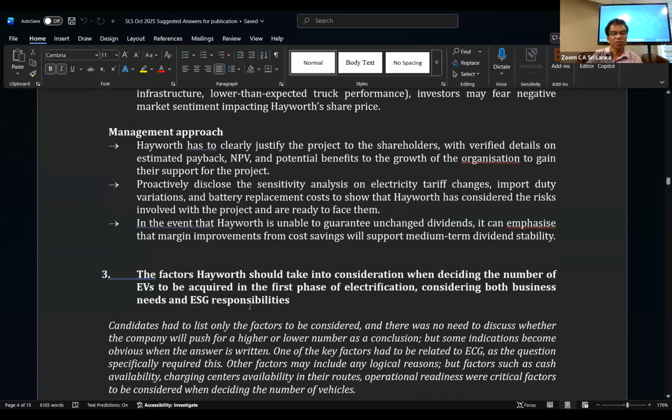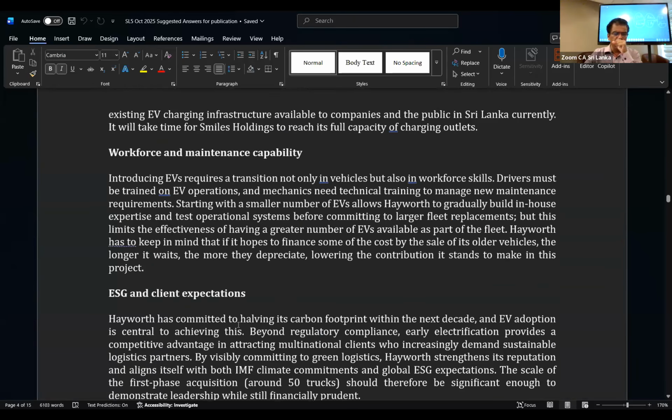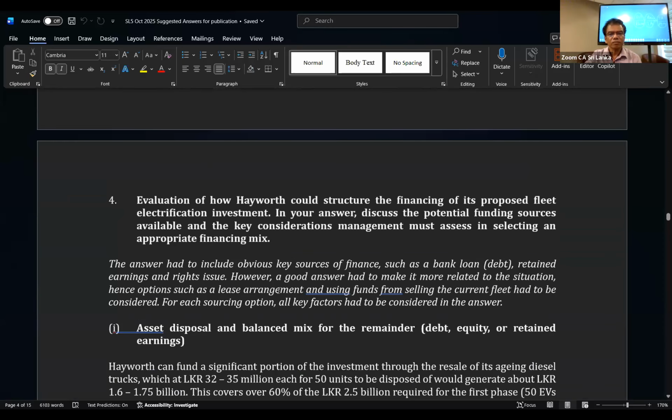What is the expectation from the examiner? The evaluation of how Haworth could structure the financing of its proposed fleet electrification investment.